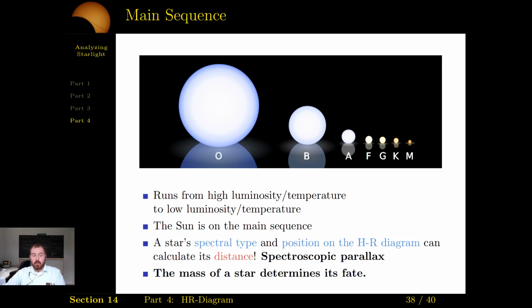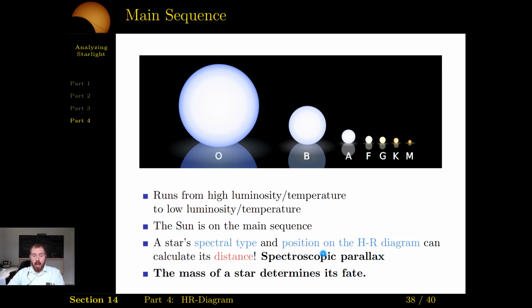And here's the emphasis. If I know the star's spectral type, I know which one of the categories the star falls into, and I know where it falls in the HR diagram, this is actually a way for me to calculate its distance. The actual technique is called spectroscopic parallax, and we will delve into this detail later on, around section 19.